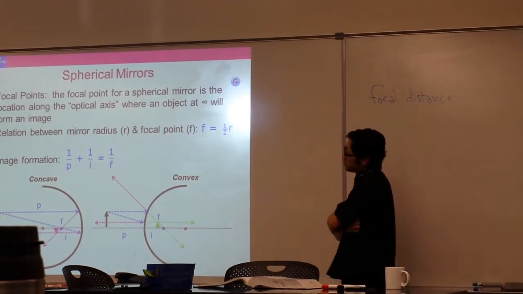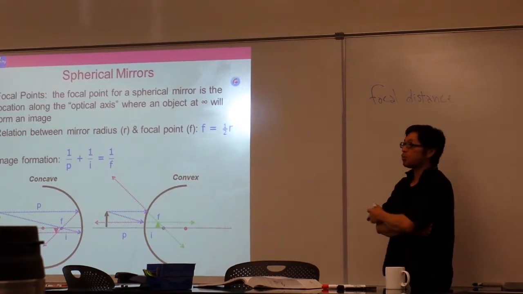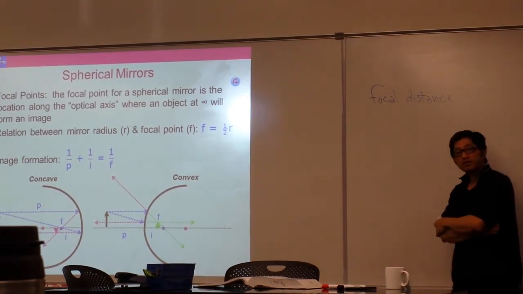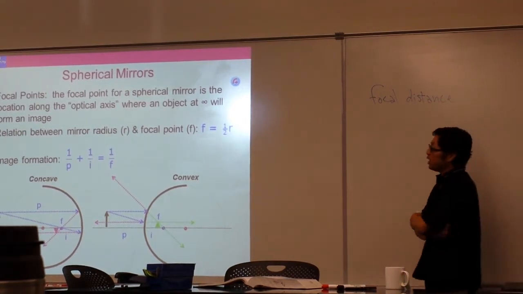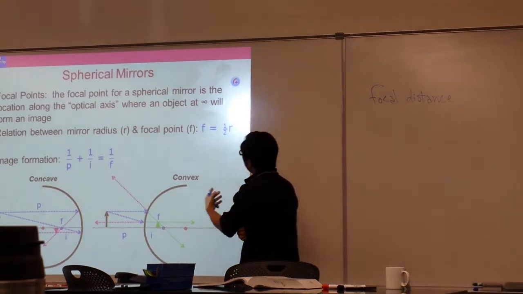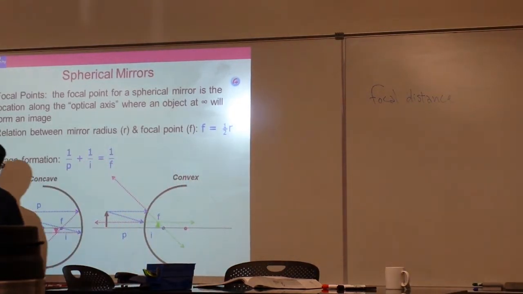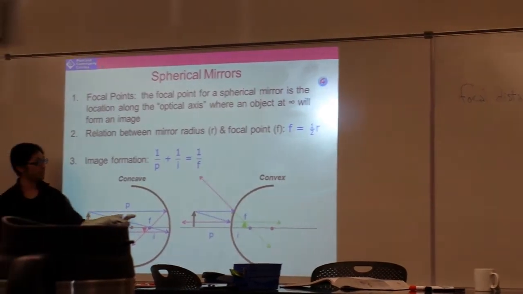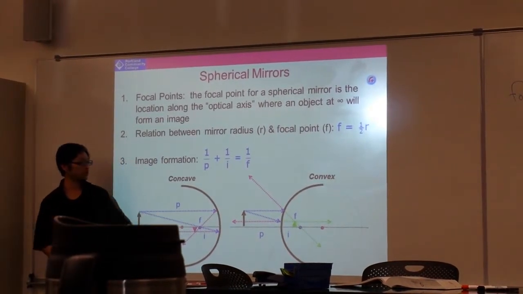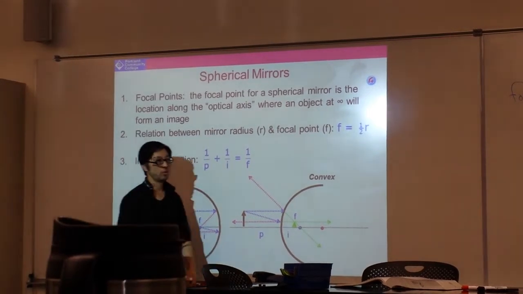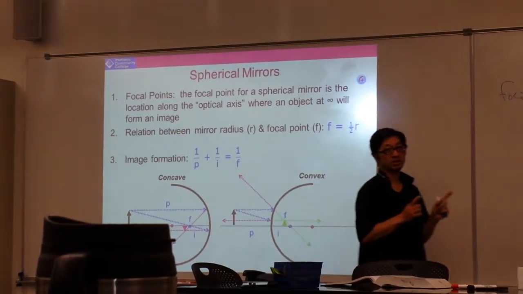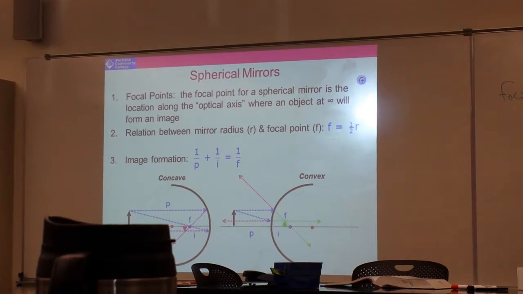Regardless of that, it's the distance away from the surface of that mirror when you have perfectly parallel rays to the primary axis coming down, and the ray will go through the focal distance, focal point, same thing.